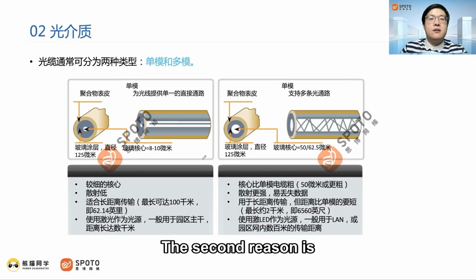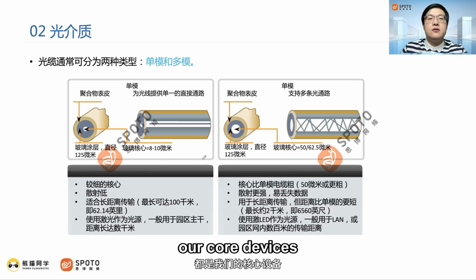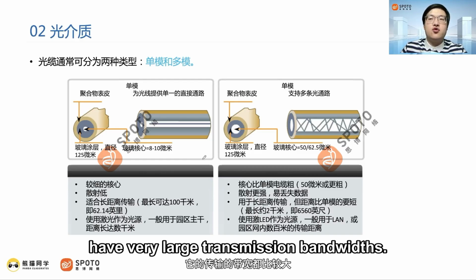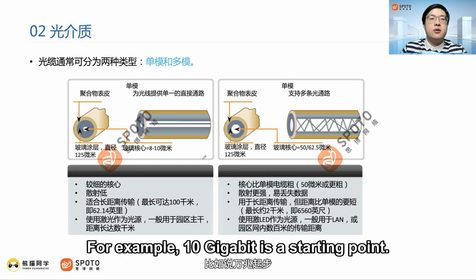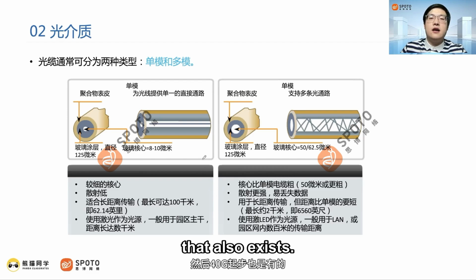The second reason is that in a data center, generally, our core devices have very large transmission bandwidths. For example, 10 gigabit is quite common. Then, starting from 40G, that also exists. Even 100G or 400G.